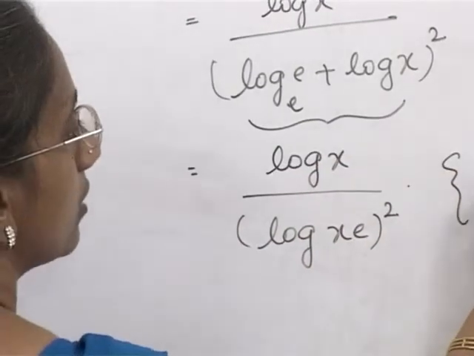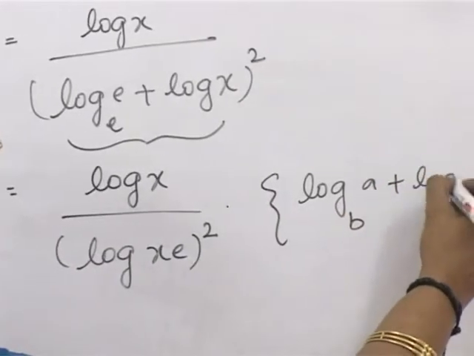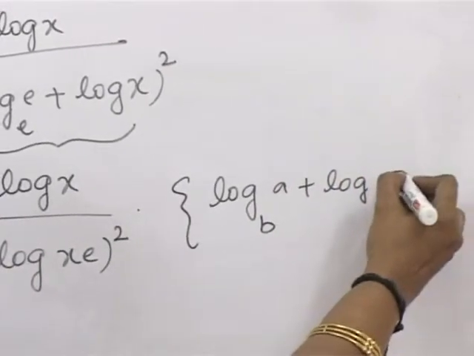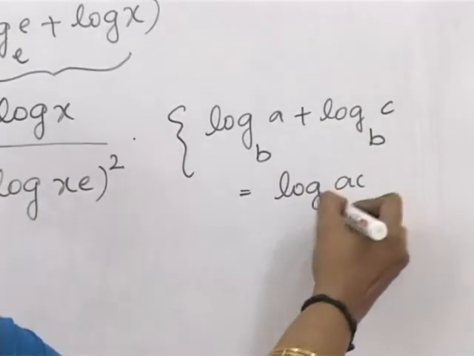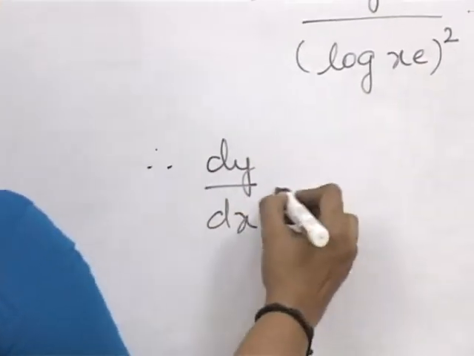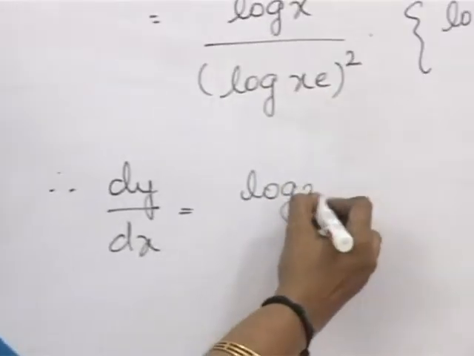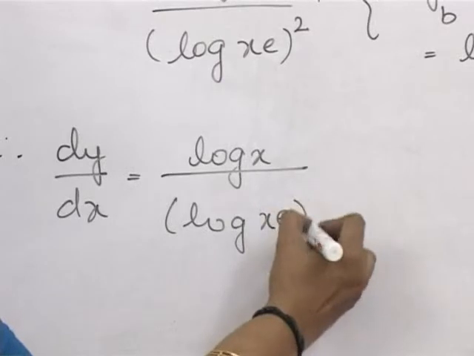Now this is because log a to the base b plus log c to the base b is equal to log ac to the base b. Therefore, we have dy by dx is equal to log x divided by log xe the whole square.